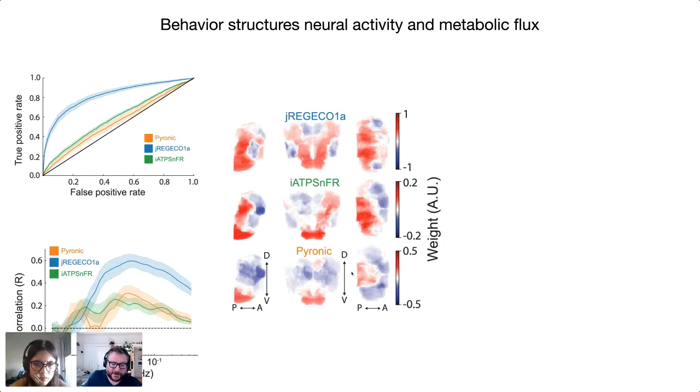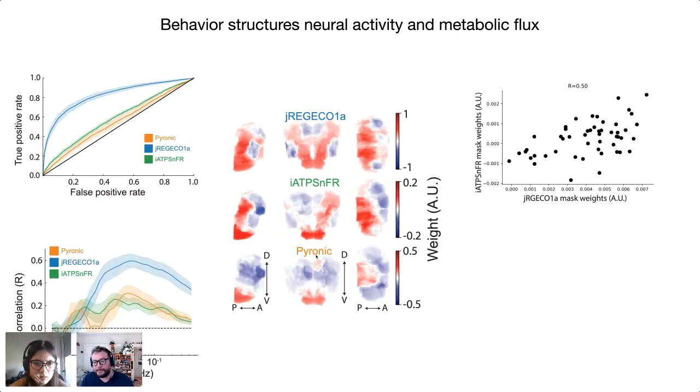And the pyronic also does correspond well with the JR Gecko, or the calcium map, but it's even more restricted. If we compare essentially the weights across all regions from all flies, it is true that the ATP sniffer mask itself corresponds pretty well with the mask produced for our calcium imaging.